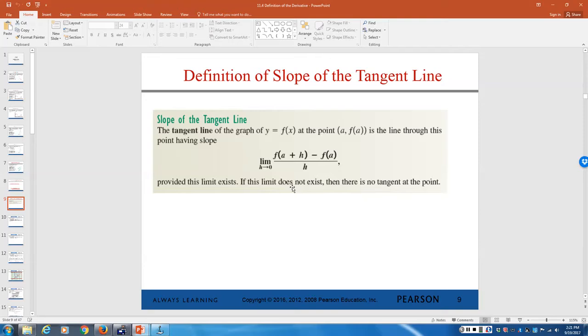But what happens if we take the limit and let H get really, really small, but not zero? Would we be closer to the slope of a tangent line if H was really, really tiny? Does that make sense? Because it means that your beginning X is getting really, really close to the ending X. Now that's a math definition. Let's look at a picture.